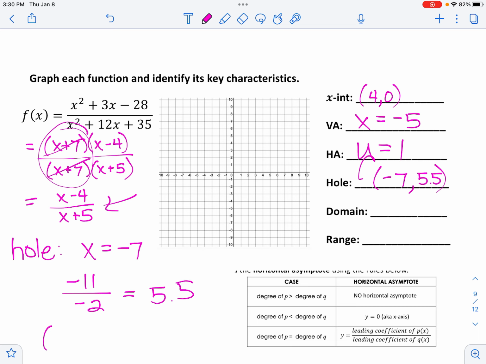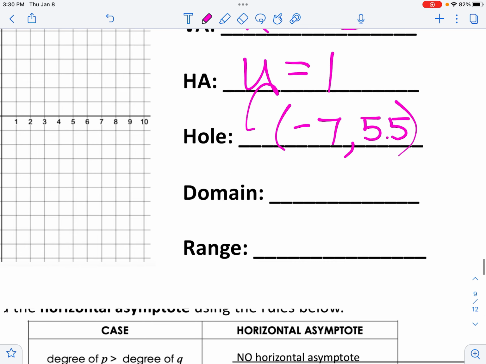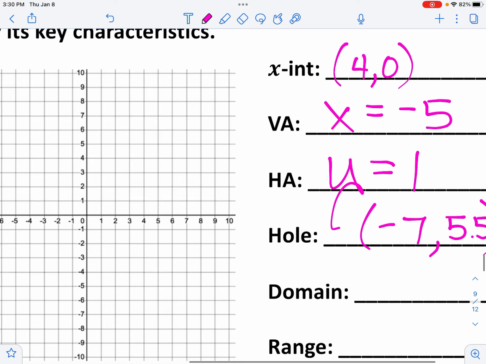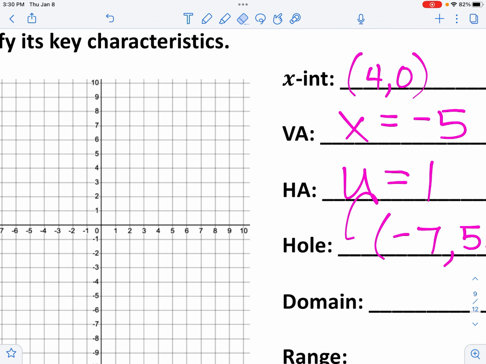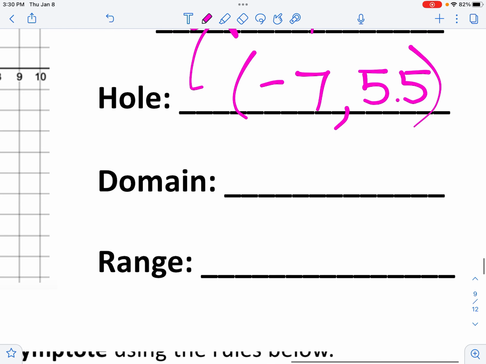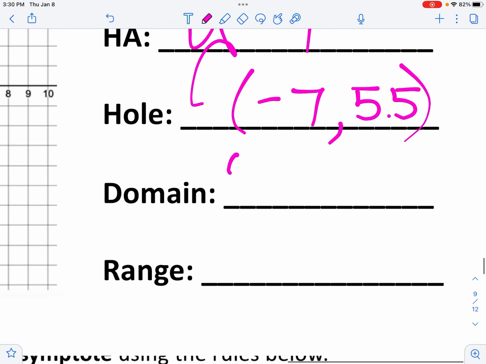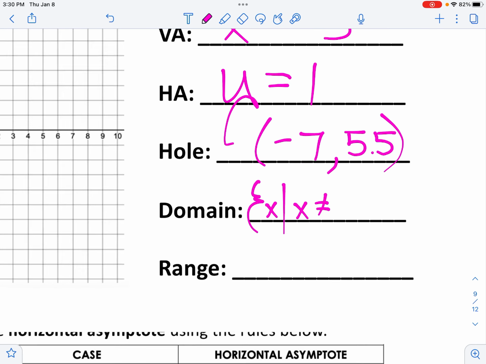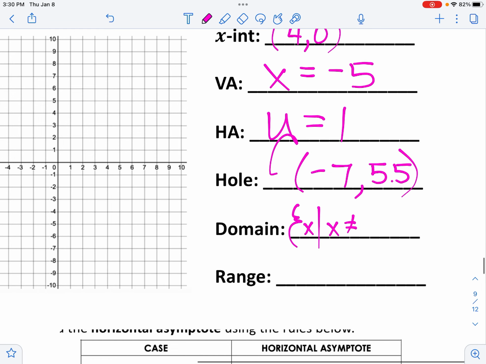So finish this up by doing my domain. Let's try that again. X such that X cannot be equal to -5 and also -7, because that's where my hole is.